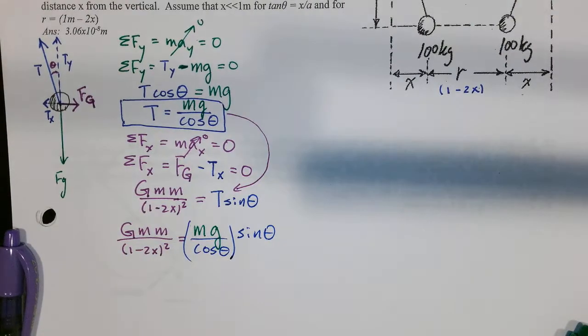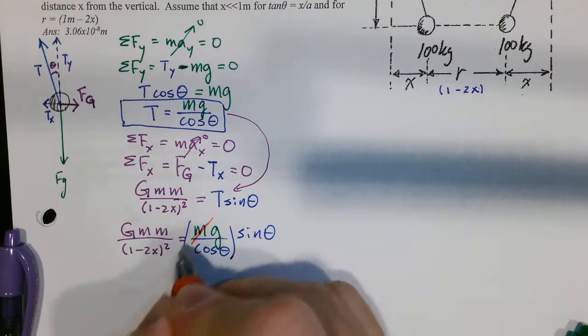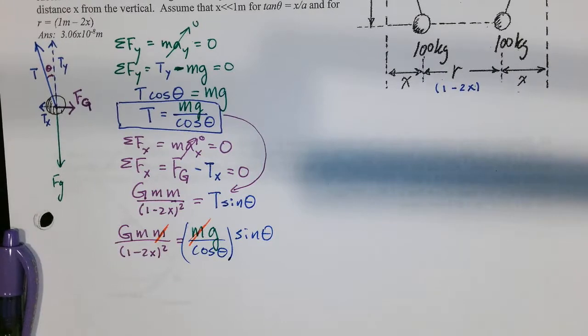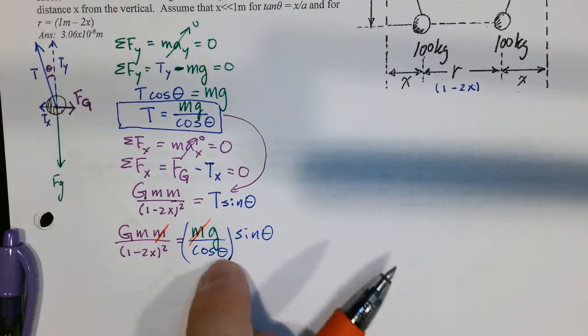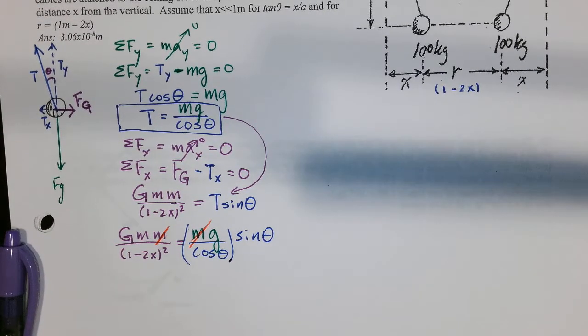As you can see, one of my masses cancels out nicely, and this becomes tan theta.